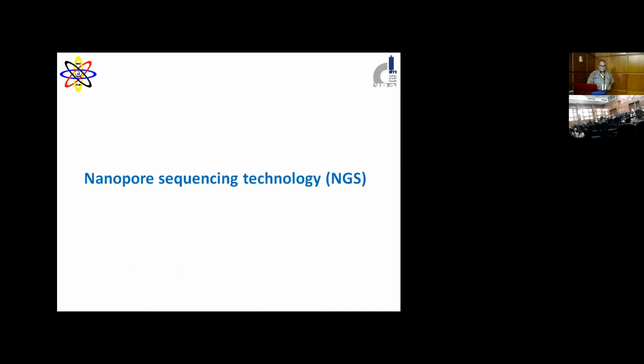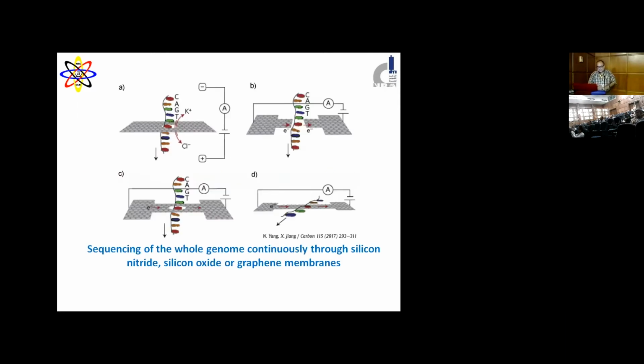So the nanopore sequencing technology or the next generation whole genome sequencing technology is based on silicon oxide or silicon nitride or graphene membranes. And you apply potential difference on the whole nucleic acid strand, and you get it passing through this membrane, and you're able to sequence as many nucleotides as you wish.